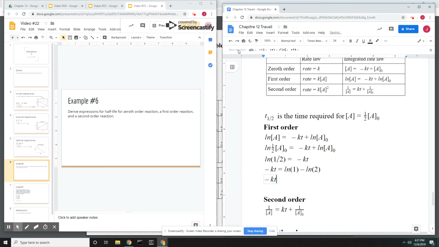You can put it in your calculator to figure that out, though. So then to solve for T1/2, it's just the natural log of 2 over k. Important to know that the half-life doesn't depend on any concentration.